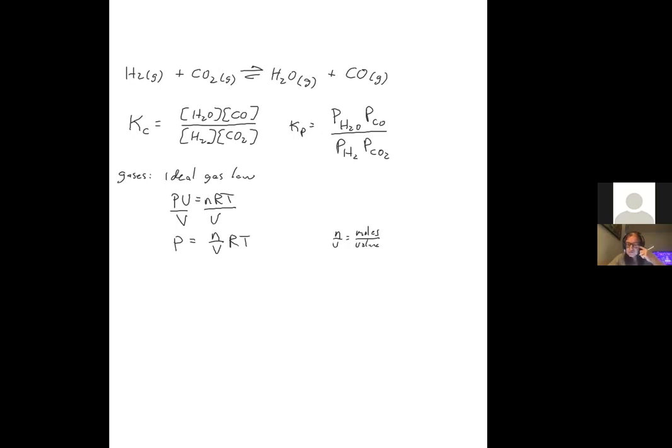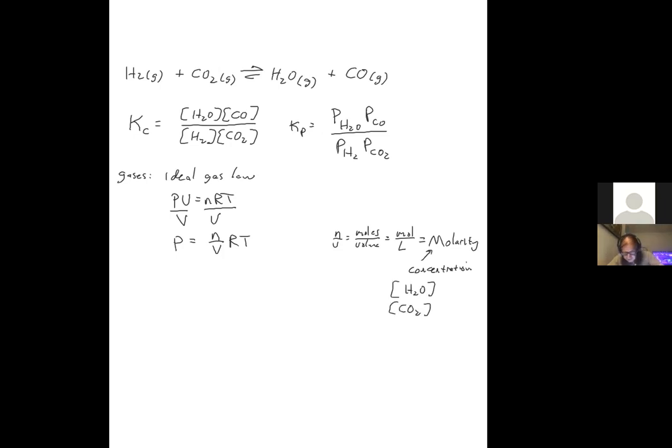Now, if volume is measured in liters, then we have moles over liters, and that's called molarity. Molarity is a concentration unit. In fact, it's the concentration unit that we're using when we use the bracket notation.